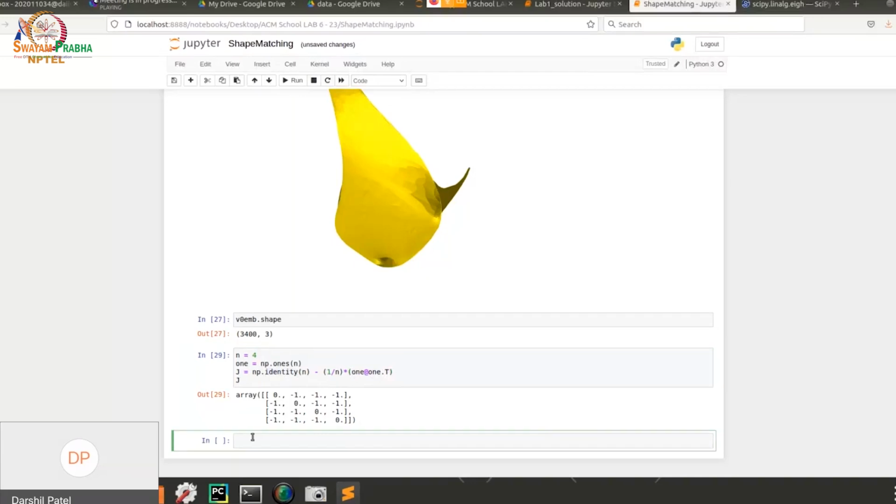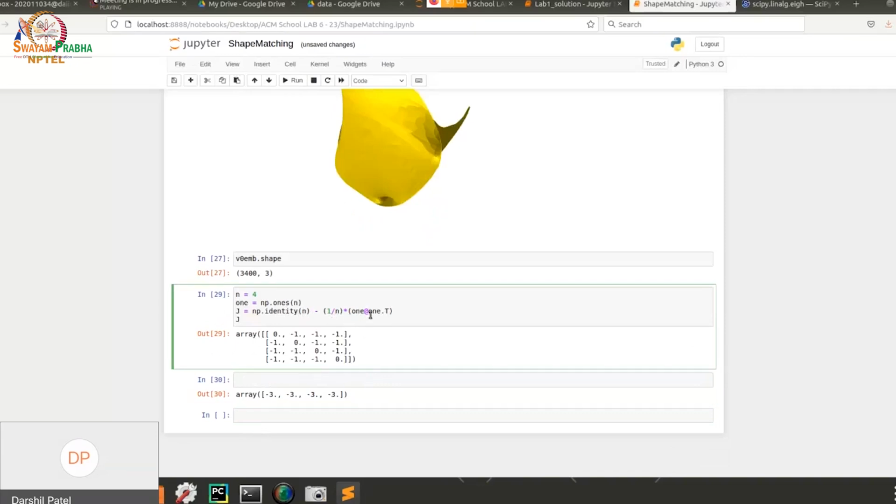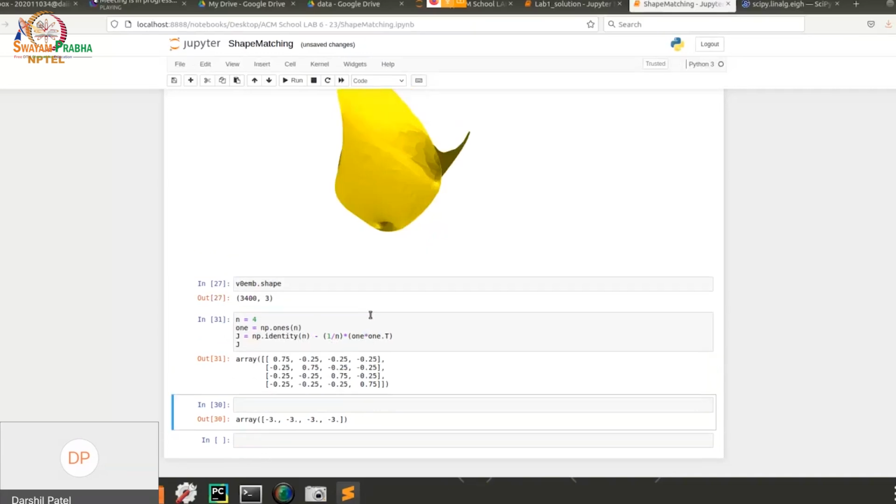That will certainly not happen. J times the vector 1 has to be 0. It's not, you can clearly see here. The row sums should be 0. It's -3. So I don't know what this @ is. Yes, this is fine.